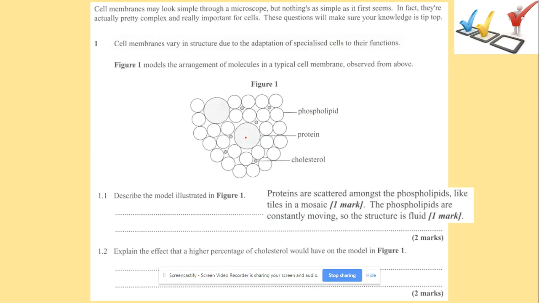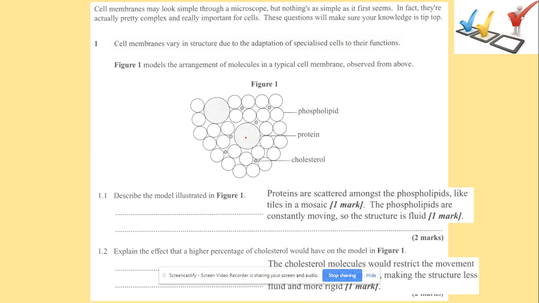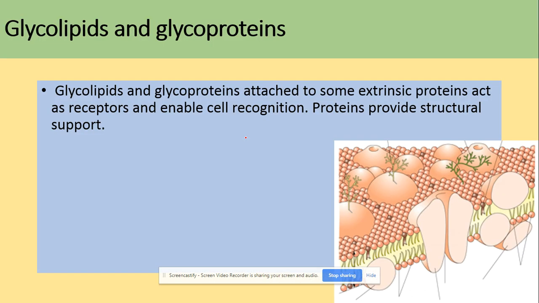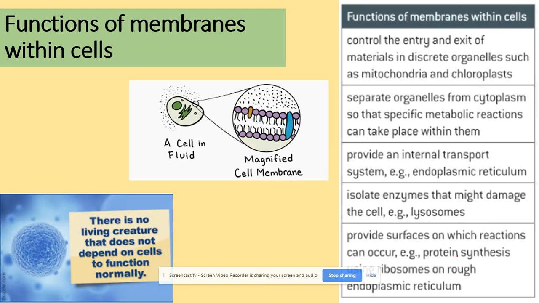And to explain the effect of cholesterol, again, keywords: it makes the structure less fluid and more rigid, so it provides more support and strength. Glycolipids and glycoproteins, we already looked at those. Glycolipids are attached to the phospholipids, to the glycerol, to the phosphates, and glycoproteins are attached to the protein, so they provide structural support.